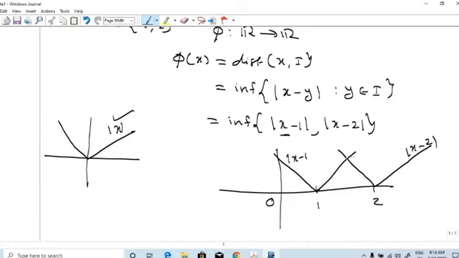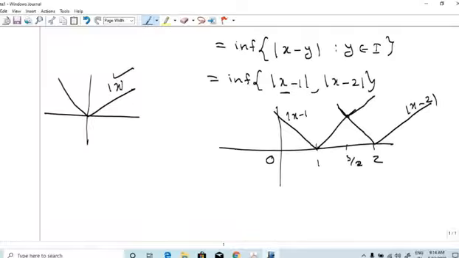So the 2 graphs meet at the point here. Actually, this point is nothing but the midpoint of 1 and 2. So what is the midpoint? 3 by 2. Okay. So now what is the minimum value? The infimum of the graphs is nothing but just the lower curve.